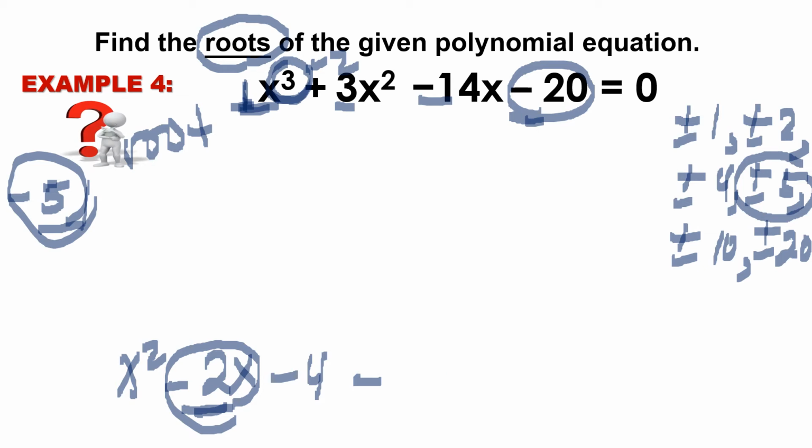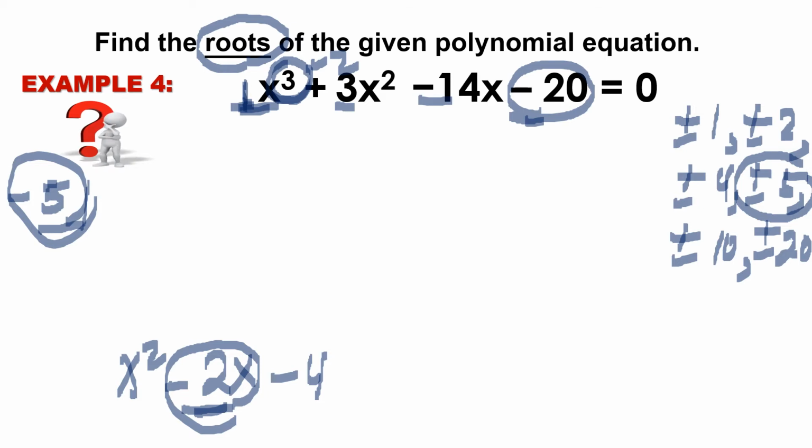Since we cannot factor this out, then we have to use the quadratic formula. You learned that in the lower grades, I think in grade 9, that if you cannot factor the given, then you have to use the quadratic formula, because factoring is not always the solution for you to get the roots.